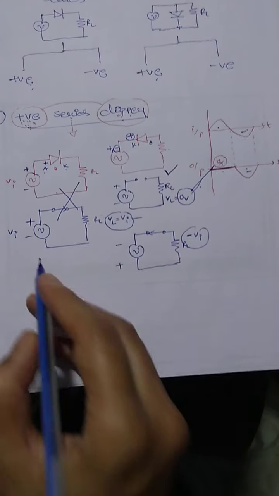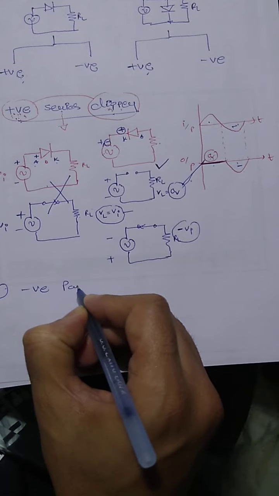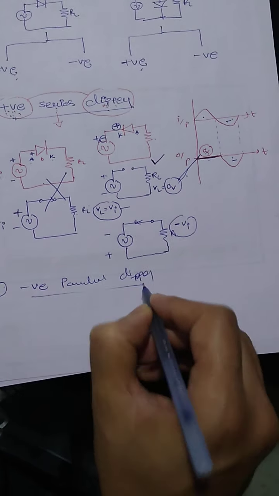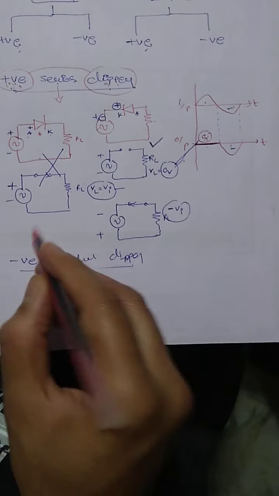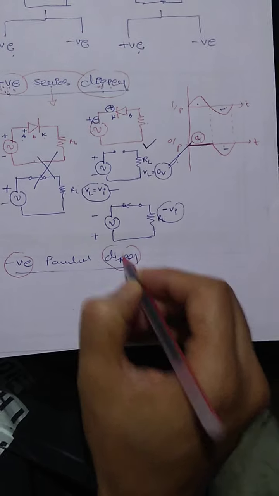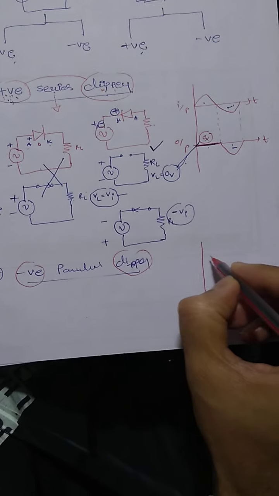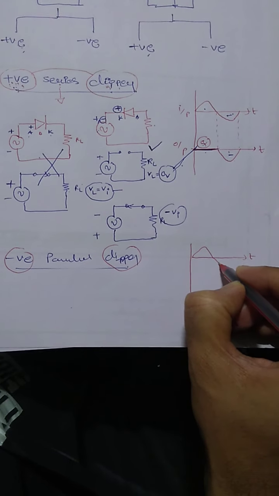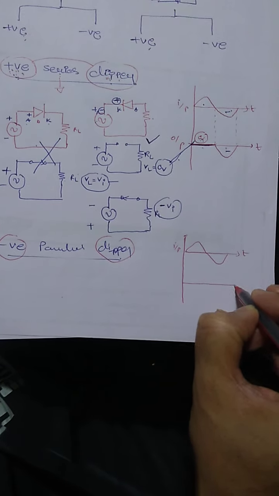So consider one example of parallel. Consider a negative parallel clipper. So in case of negative parallel clipper, first of all, two words: negative clipper. So on that basis, input.